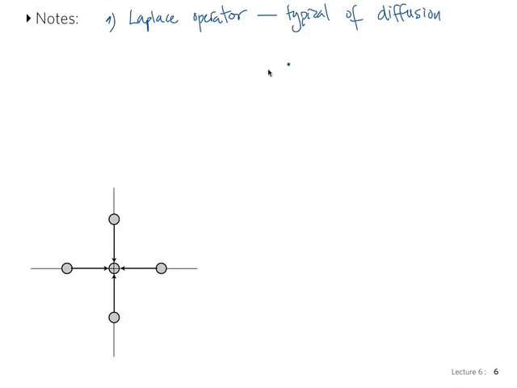And diffusion is an isotropic phenomenon, then it has to be discretized with a central difference.